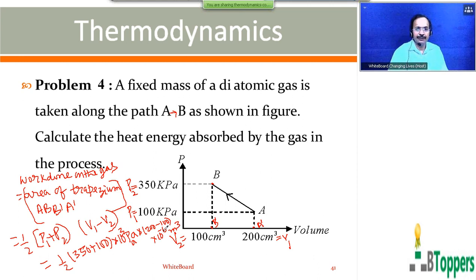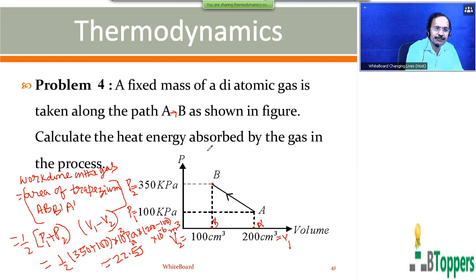Take a pause and finish writing this calculation, complete the simplification. If you simplify this carefully, you get 22.5 joules.